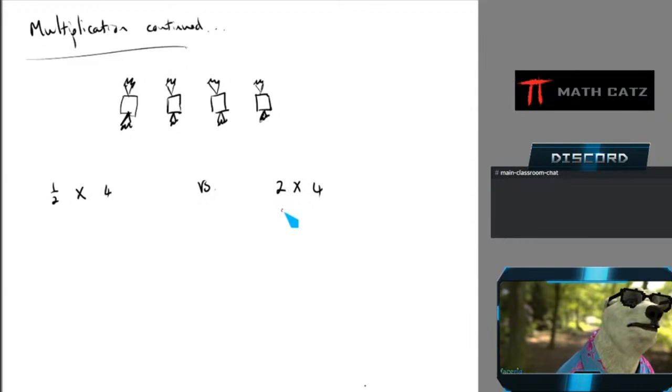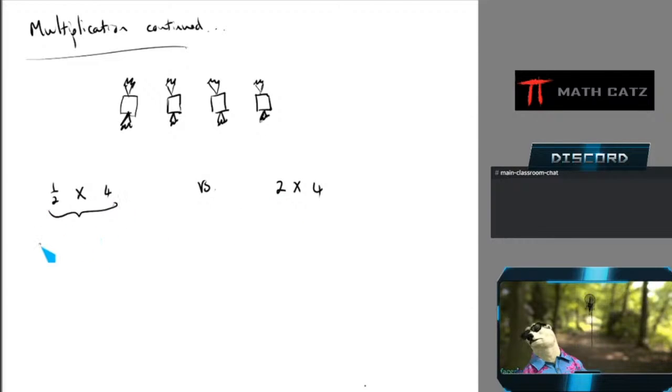Compare that with when the first number is bigger than 1, then what I actually end up with is more than what I see in front of me. I am sort of doubling it up. I am duplicating it a certain number of times according to that number. So this first one is, let's go with get.